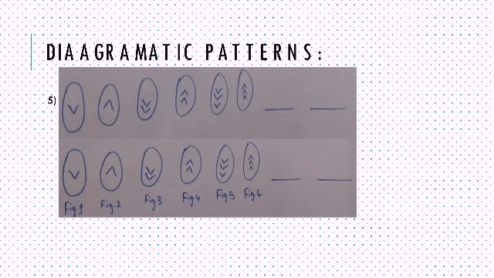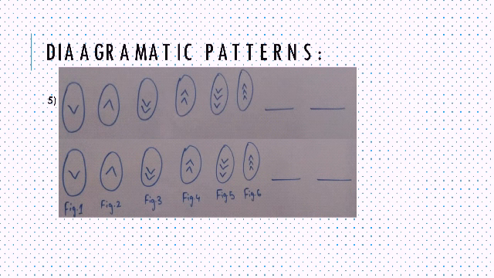Now example 5. The example 5 is a bit different from all the examples that we have done so far in this chapter. Why am I saying so? Look at the diagram. In the first diagram, the arrowhead is placed downward. In the second diagram, only one arrowhead is given.